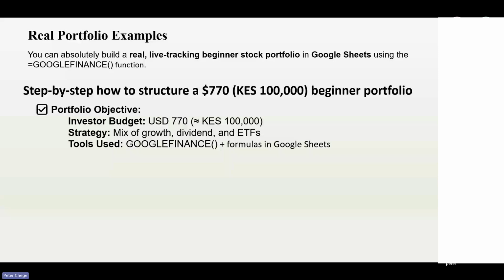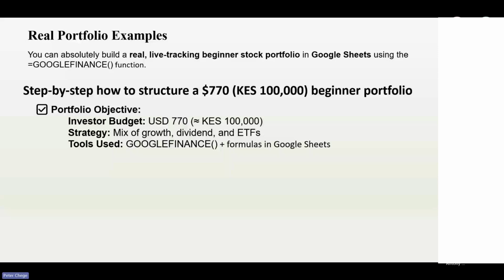You can have a mix of growth, dividend, and ETFs, so that you gain from capital gains, then dividends, and also ETFs through growth, and those that are giving dividends. The only formula you need is GOOGLEFINANCE and an Excel spreadsheet. That's Google spreadsheet.